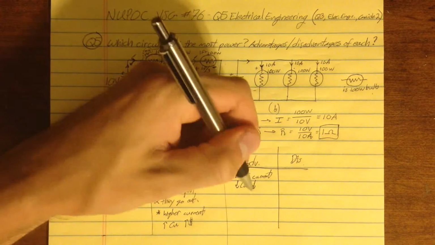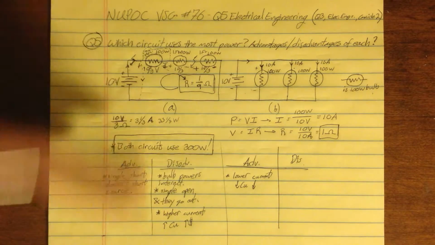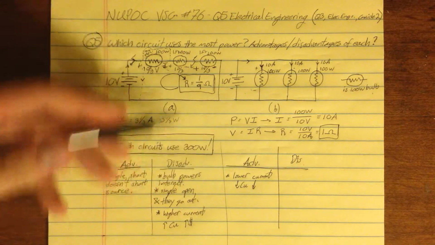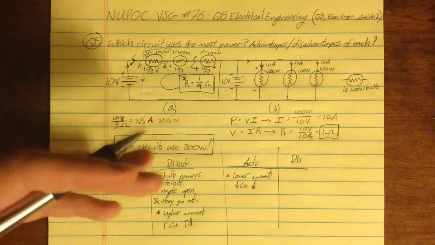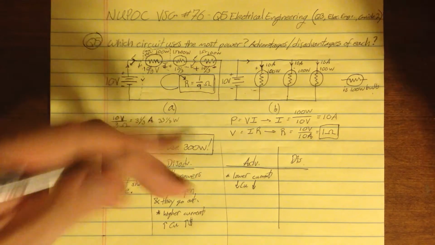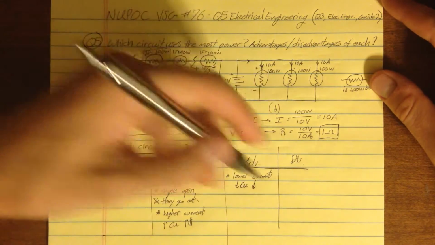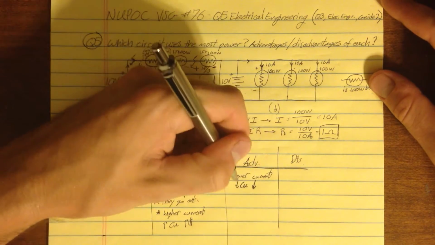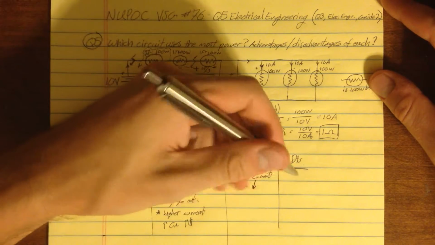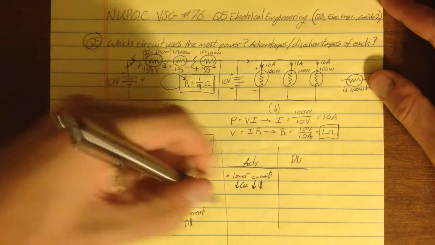And we can go into the physics of that. I think if you watched one of the previous videos on the geometry of a resistor and how it affects resistivity, you'll understand why we need less copper for lower current, so there's less cost.